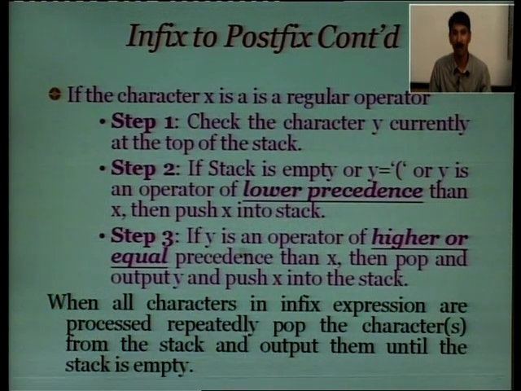Step 3: if y is an operator of higher priority or equal precedence than x, the incoming operator, then pop and output y and push x on the stack. So, in these three steps, if my incoming operator is of higher priority, something is done, and if it is of low priority, something else is done.